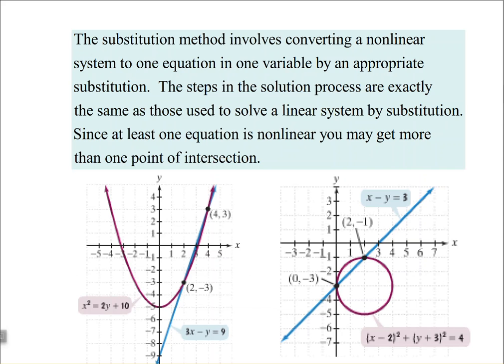So it says the substitution method involves converting a nonlinear system to one equation in one variable. The steps in the solution process are exactly the same as those used to solve a linear system by substitution. Since at least one equation is nonlinear, you may get more than one point of intersection, as you can see below.